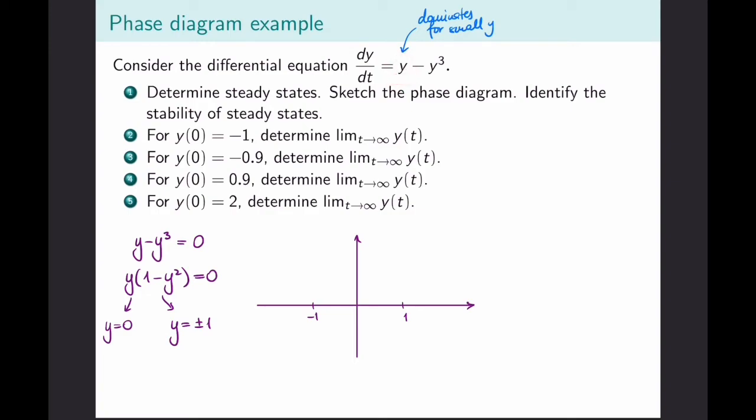So I have something that looks like this. Whereas for large values of y, the higher power dominates. So my graph for large values of y will have to look like minus y cubed.